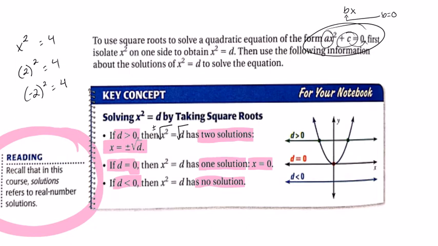If this graph, let's go ahead and draw a little parabola here, let's say this graph is up here. It doesn't cross the x-axis anywhere. So that means I'm not going to have a solution. Alright, in Algebra 2 we're going to get to actually finding these different values and being able to take a square root of a negative number, but not in this course.